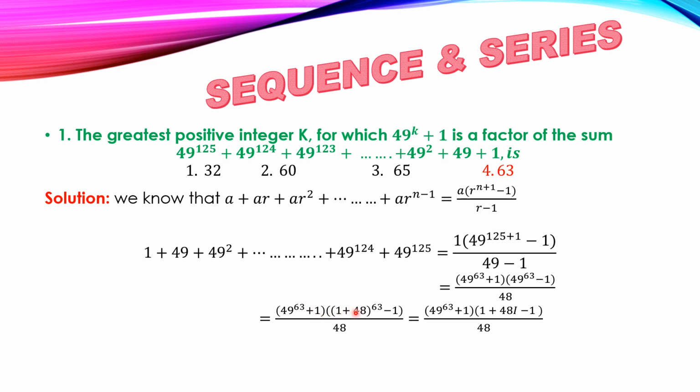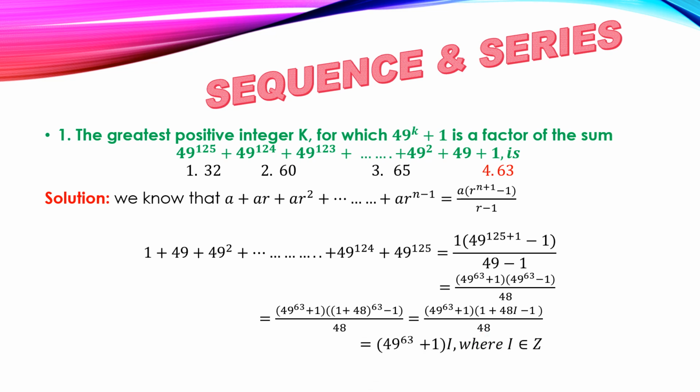In the second term, 49^63, 49 will be written as 1 + 48, minus 1, by 48. So the first term will be the same, and (1 + 48)^63 will be written as a sum, 1 + 48 times some integer, minus 1, by 48.